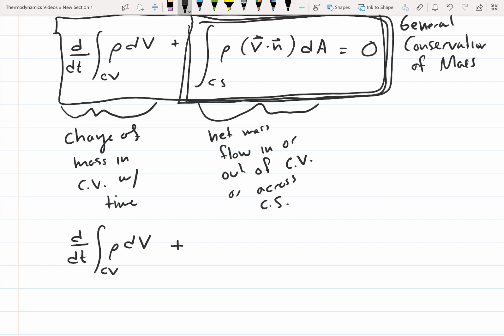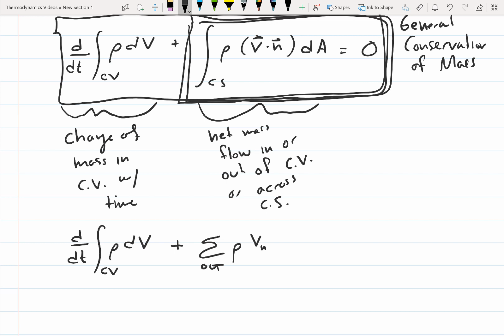So I'm going to have the sum of all of the mass flow out of the control volume. So this is out, and this is going to be rho, and then this is the normal component of the velocity.